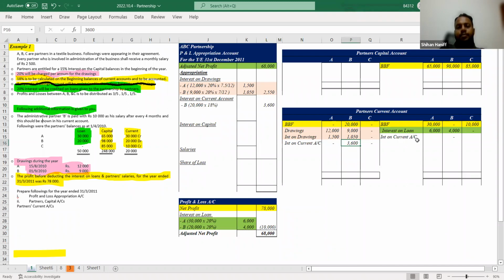A and C, 30,000 into 18%, 10,000 into 18%. So 5,400, 1,800, that is minus and credit.